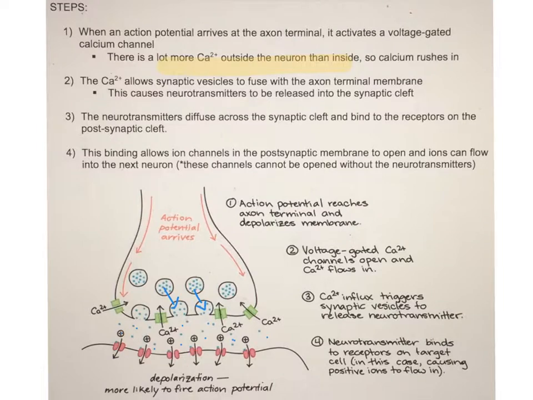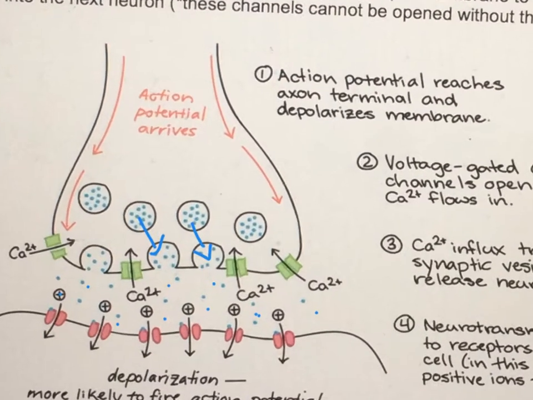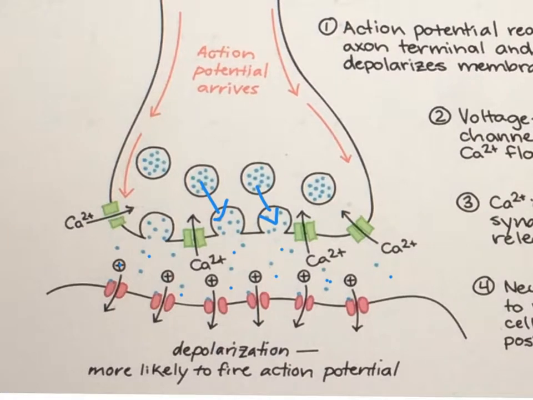I'm going to zoom in a little bit so you can see it better. You should be able to see little blue dots on top of each of these ion channels. That's the receptor, and that's where the neurotransmitters bind. It's almost like a key. As soon as it binds, these channels will open, and the ions are allowed to go from the cleft into the postsynaptic cell.